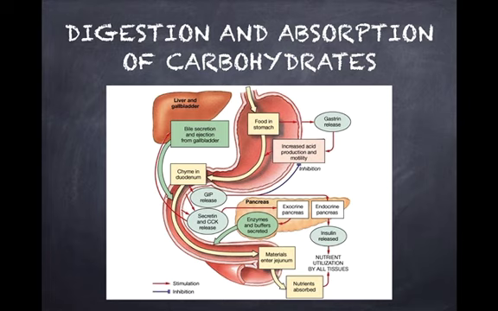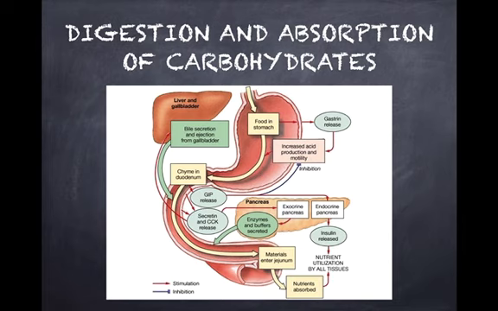Now the bulk of sugars get broken down in our small intestine. This is when they get cut up and turn into simple sugars. Basically, they all get turned into glucose, regardless of what kind of source you're getting it from. If it's milk, it's lactose.